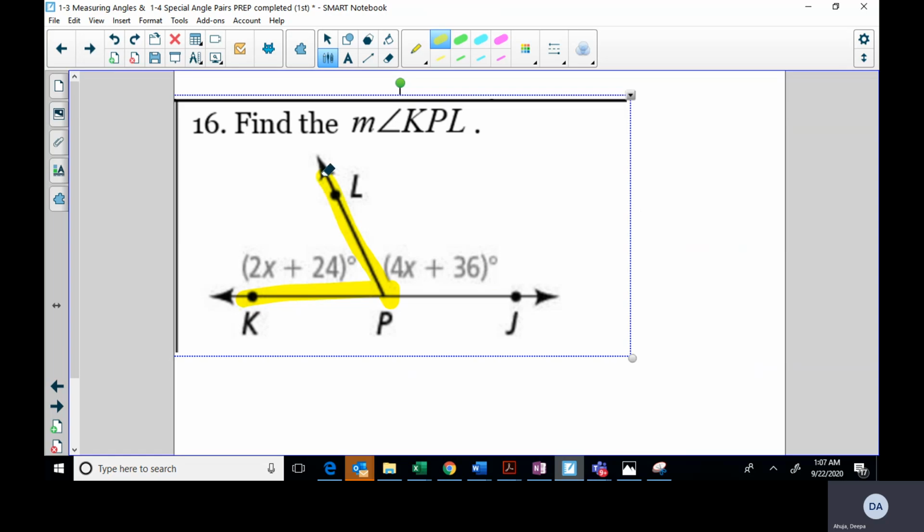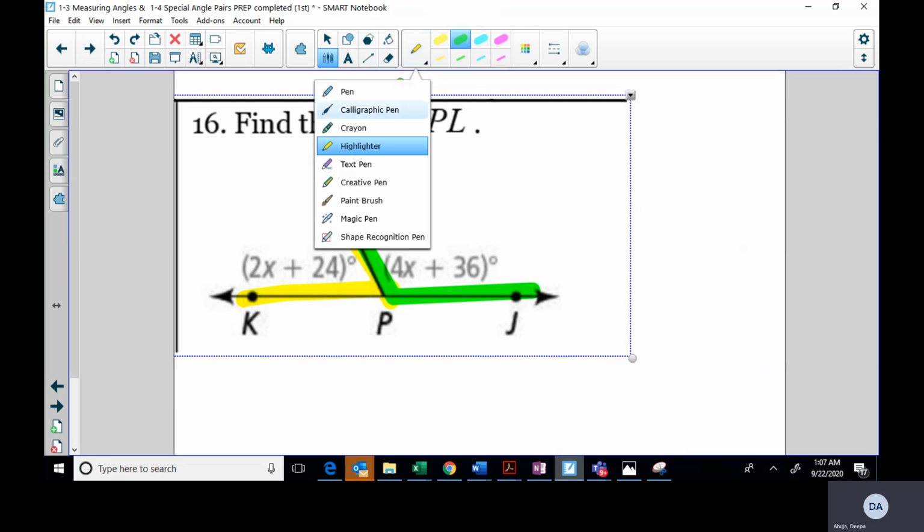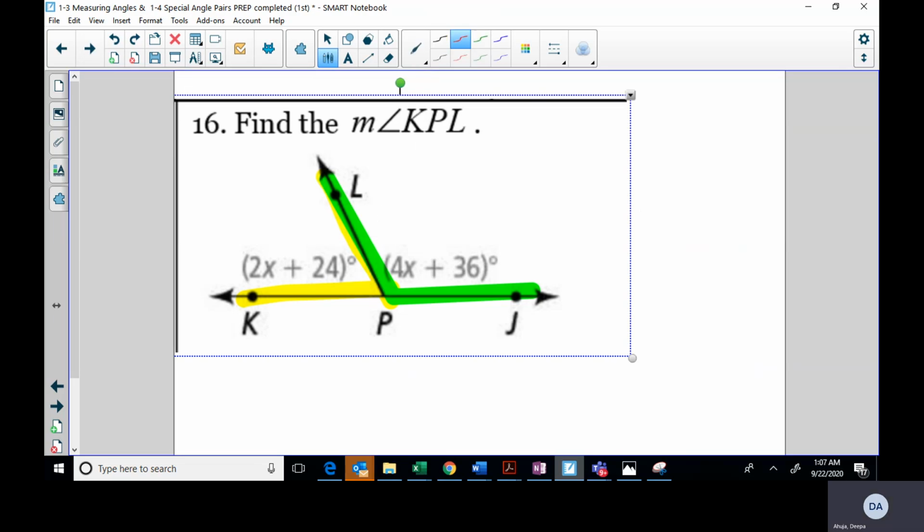First, identify which type of angle pair this is. We have a straight line here, a T-type structure. So together they will make what? A linear pair. So the sum of 2x plus 24 plus 4x plus 36 is equal to 180 degrees.